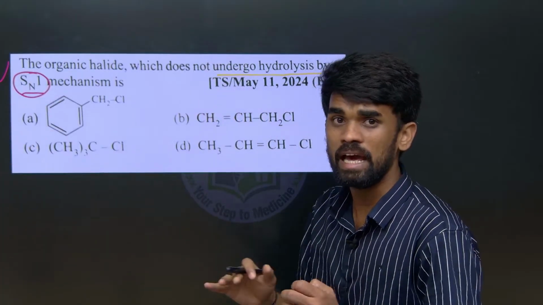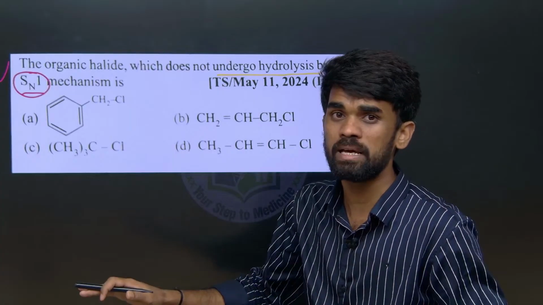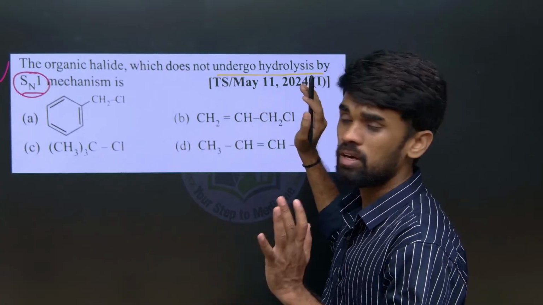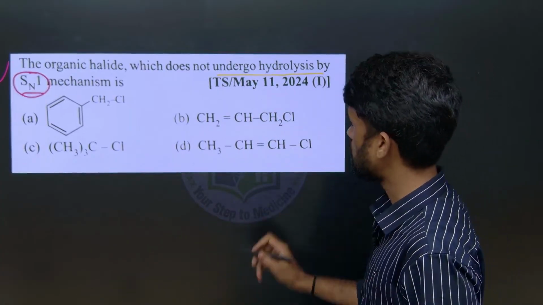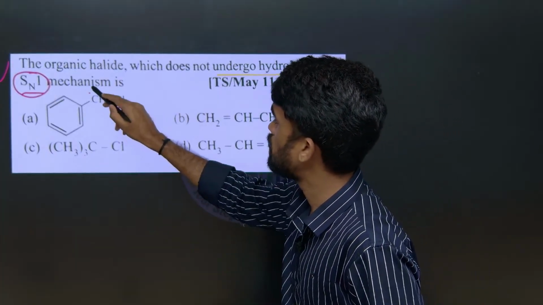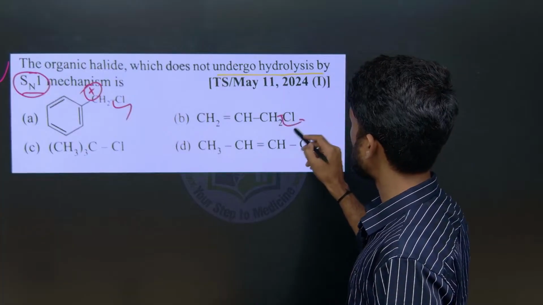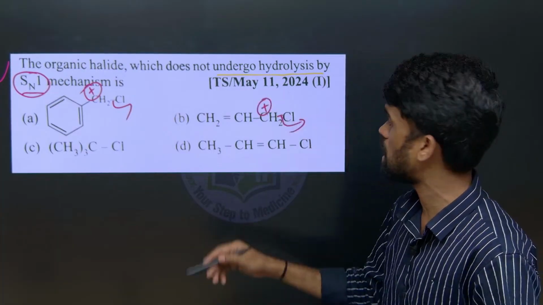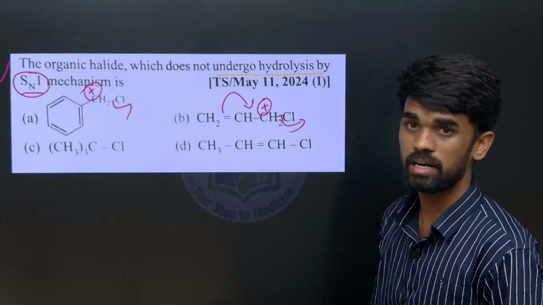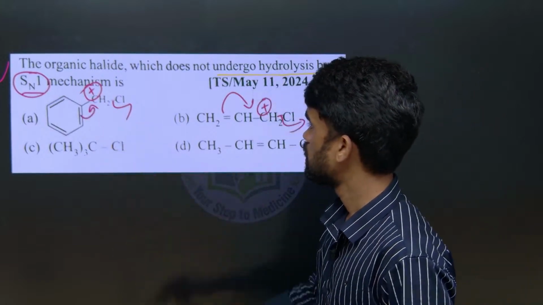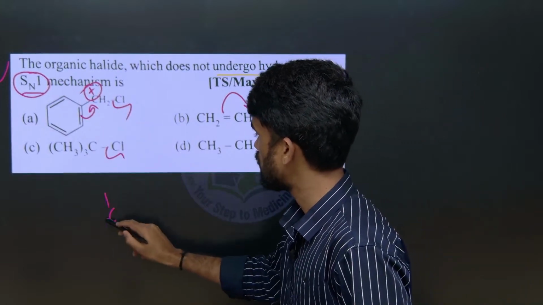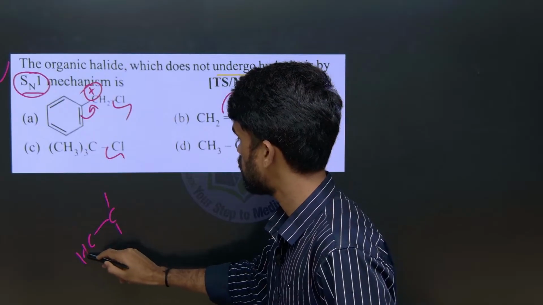If it is highly unstable, the reaction won't take place. See here, if we remove this chlorine, we will be getting a benzylic carbocation, which is stabilized. If we remove chlorine here also, we are getting an allylic carbocation, that is also stabilized by conjugation. See, if we remove this, we will be getting a tertiary carbocation. Look here.